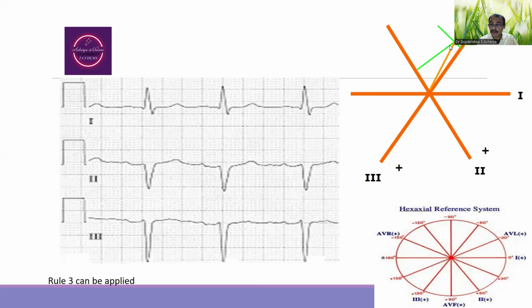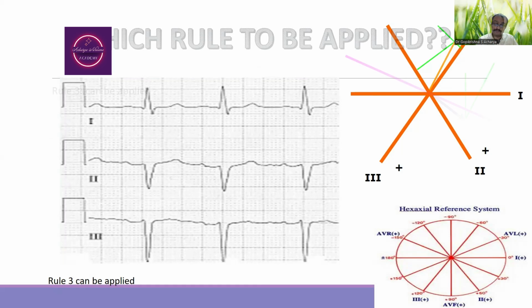To the meeting point, we have to draw the line from the center of the hexaxial reference system. That will give us the value by taking that line with lead 1. So here it is more than minus 60. That means it is a left axis deviation.